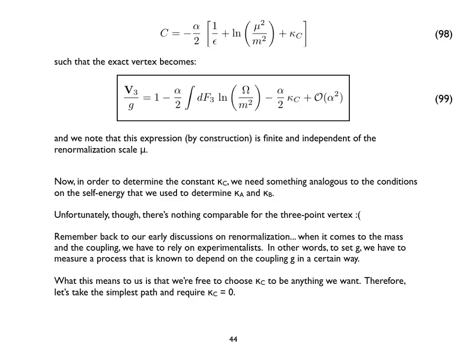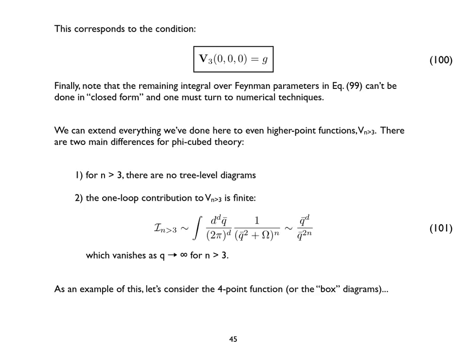We enforce the condition that this function, when I set all the momentum to 0, has to be equal to G, the coupling that they would measure. This is the condition that we choose, and at that point you find that kappa C is just 0.